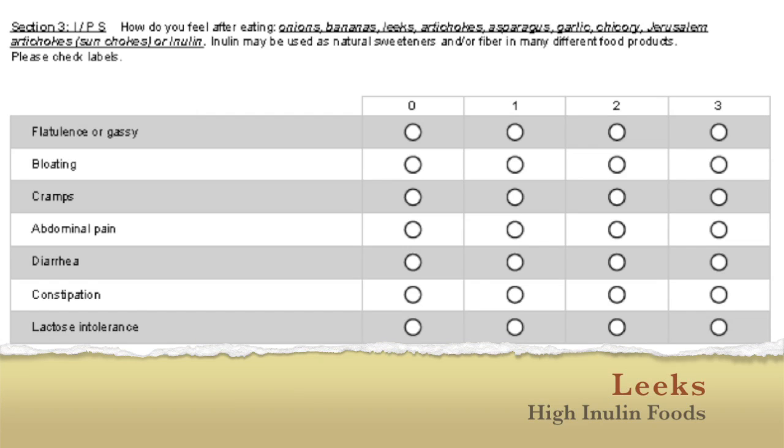Inulin is now being added to an increasing number of processed foods marketed as healthy, such as candies, beverages, yogurt, ice cream, chocolate, butter, and breakfast cereals. Some patients have an increased hypersensitivity to inulin. The increasing use of inulin as a food ingredient has led to a greater incidence of hypersensitivity.